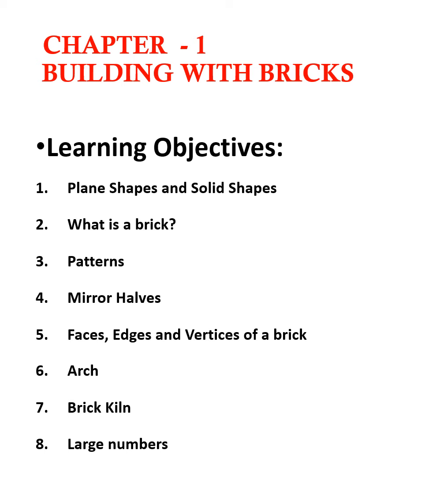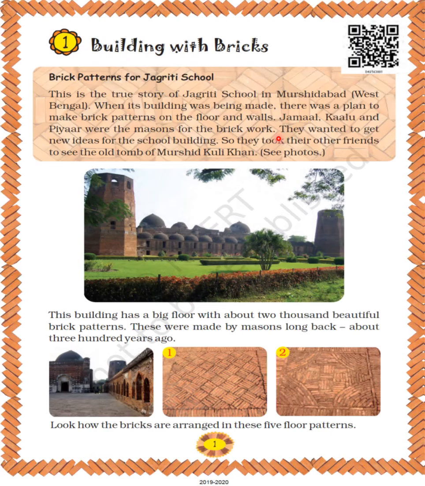Now we are going to start the chapter, Building with Bricks. This chapter is related to the state West Bengal and the district is Murshidabad. There are 28 states and 8 union territories in our country, and one of the states is West Bengal.